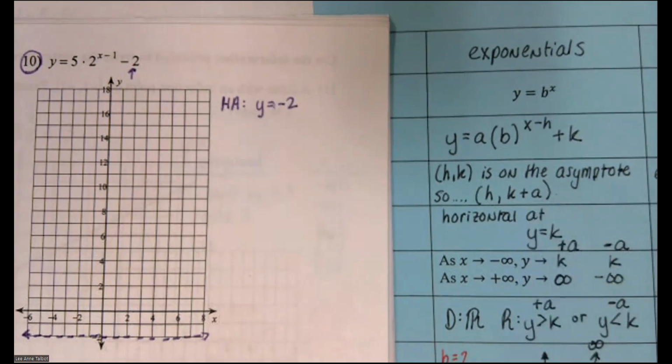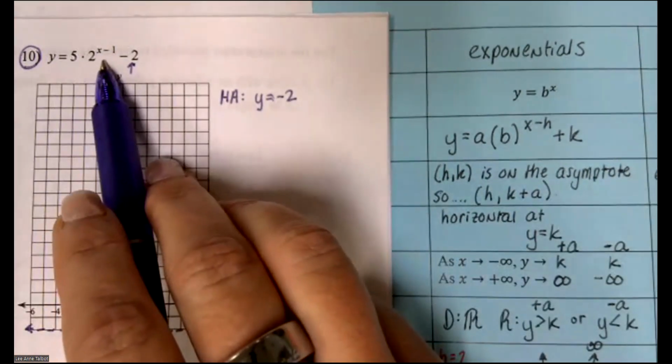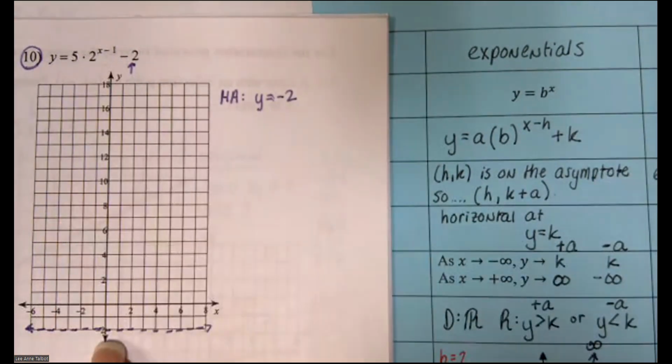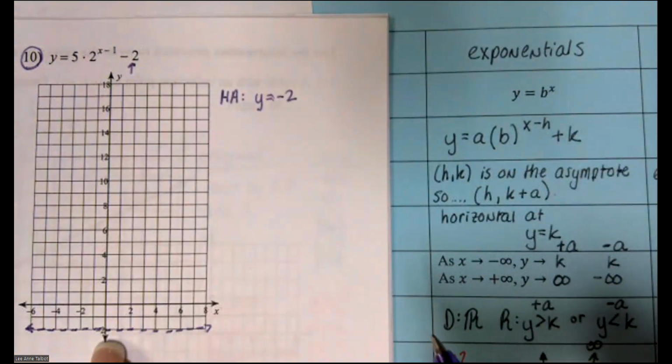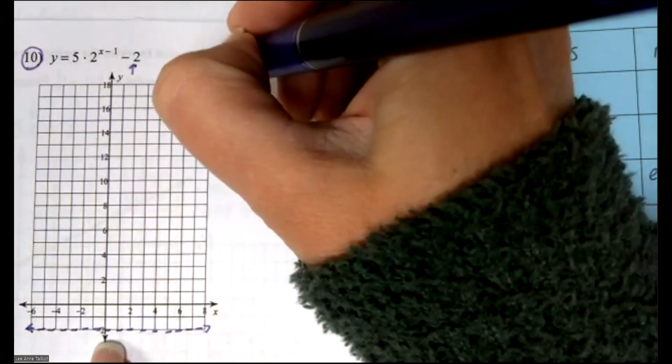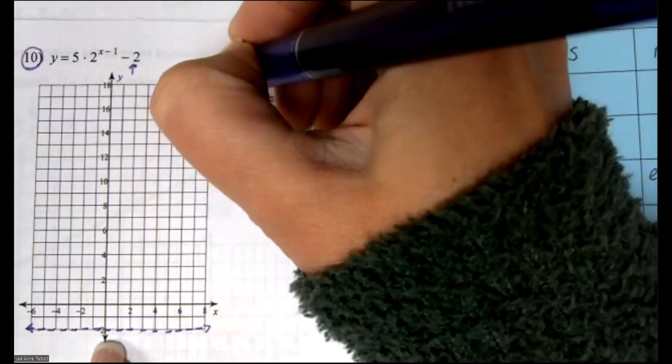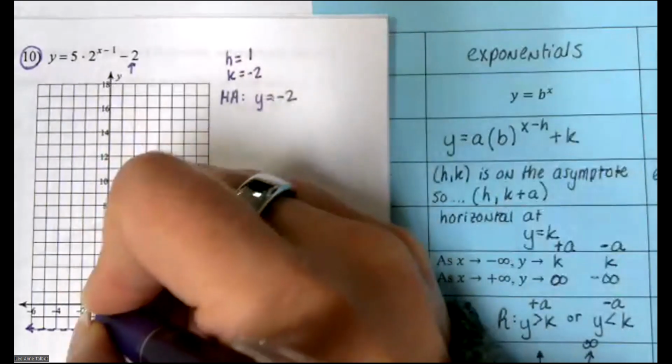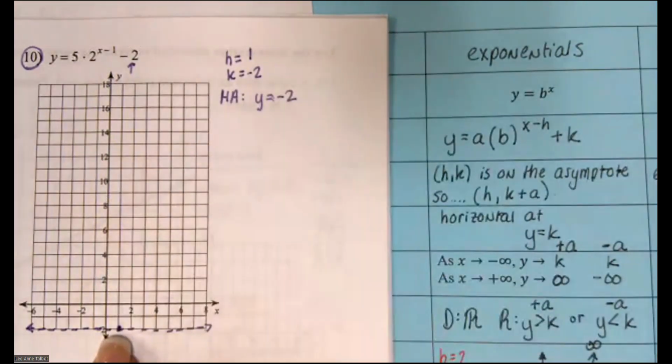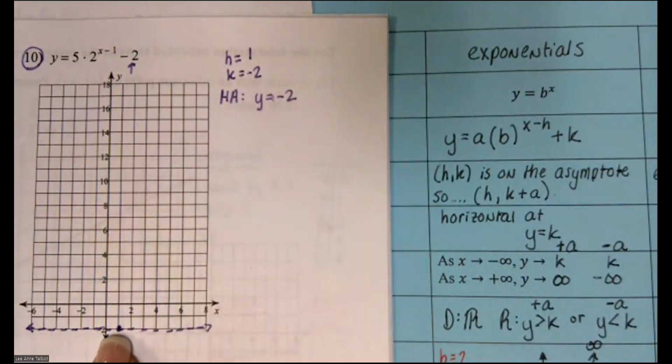It's weird. Okay, just for a note, what is HK in this problem? Yeah, H equals +1, K equals -2. If you go to 1, -2 right there, you can see that's not going to be on the curve, because the curve doesn't ever touch the asymptote.